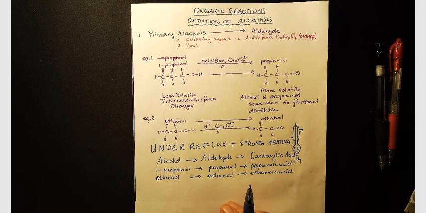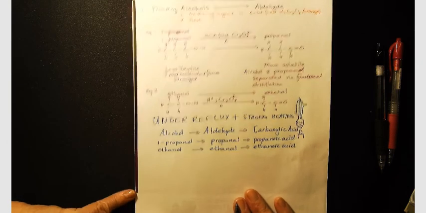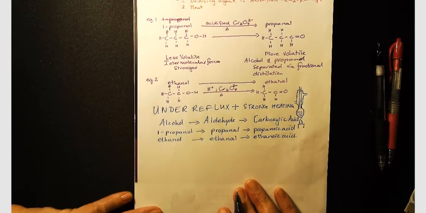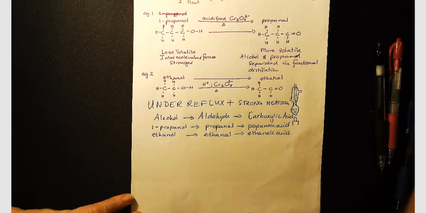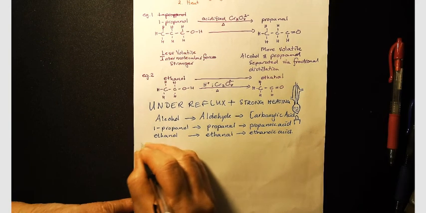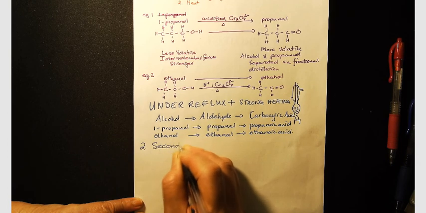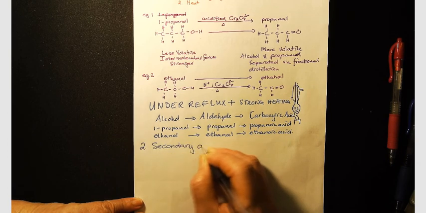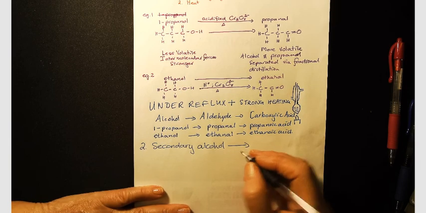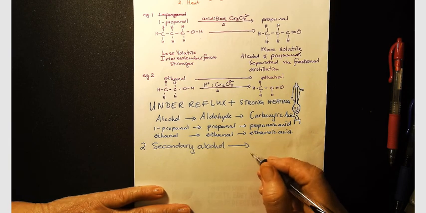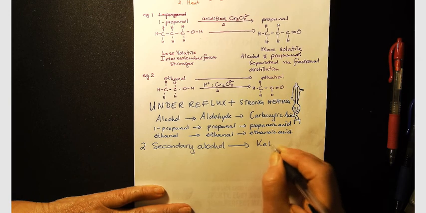Right. The last oxidation of alcohols I would like to discuss is the oxidation of a secondary alcohol. A secondary alcohol, under exactly the same conditions of acidified potassium dichromate and heat, will turn into a ketone.